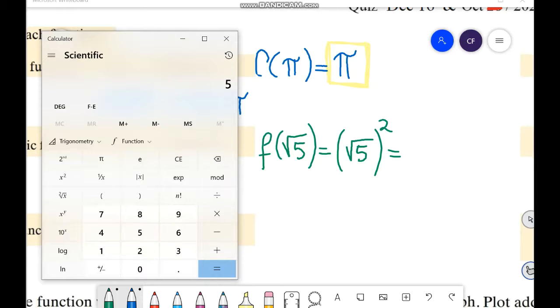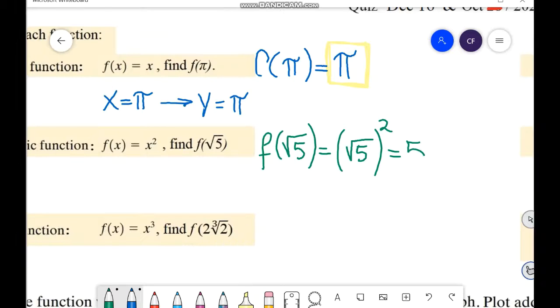Type square root of 5, which is 2.236, doesn't matter. Now we type squared, and you're going to find 5. The answer here is 5. Okay? If you don't remember, use the calculator. Next question.